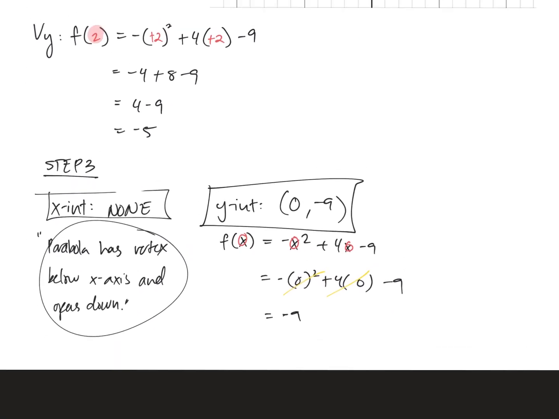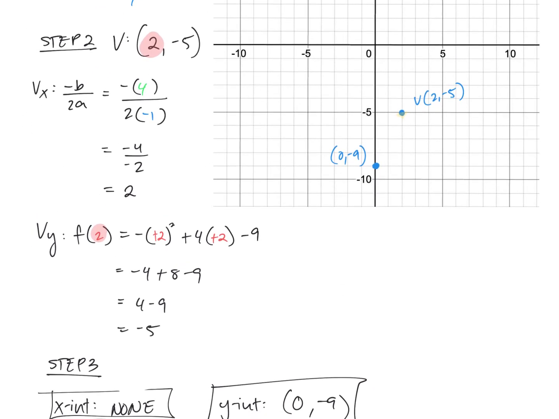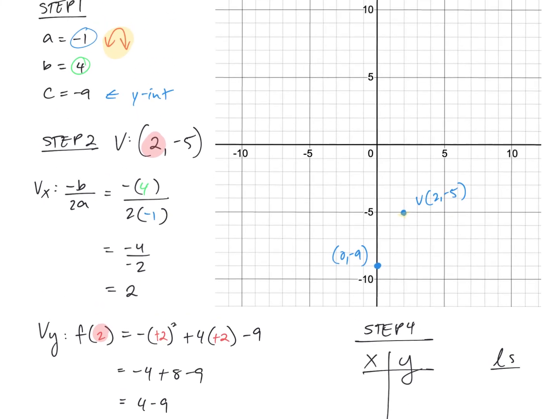Alright, we have done steps 1, 2, and 3, so now we're on step 4. And what is step 4? It is extra points. And we only do this if we actually need extra points. Once again, we need 5 points total. How many do we have? We only have 2. Darn. Well, I can use the table of values, x and y, or I could use the line of symmetry. Is it possible to use the line of symmetry with my graph right now?